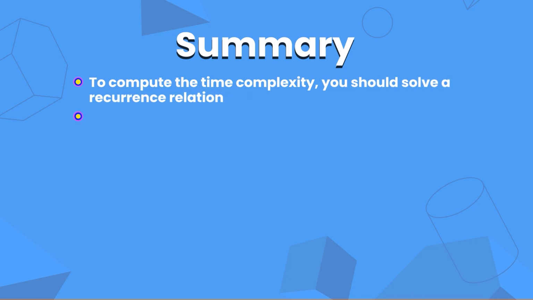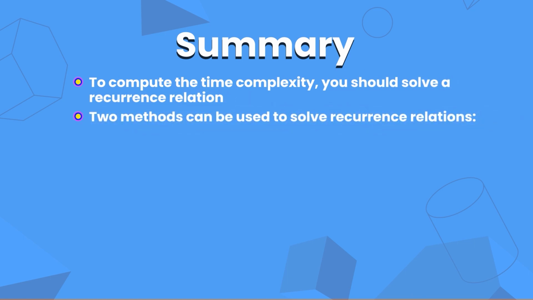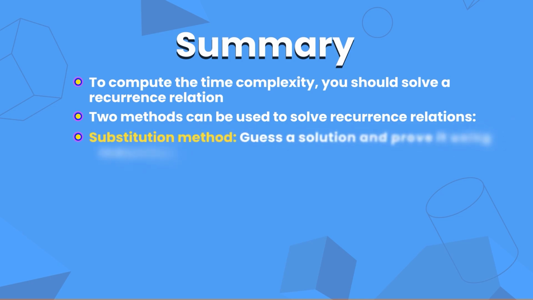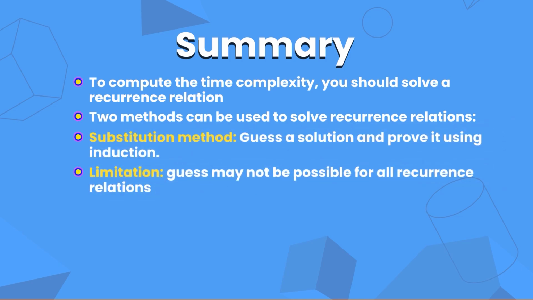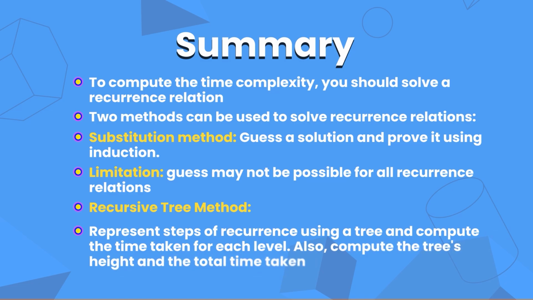So with this, let's try to summarize what we have done in this session. We have computed the time complexity using 2 methods. For the substitution method, we guess the solution; however, the limitation was that a guess may not be possible for all recurrence relations. The recursion tree method is also not always possible, although it gives us a good solution.